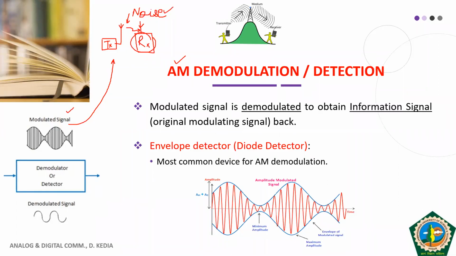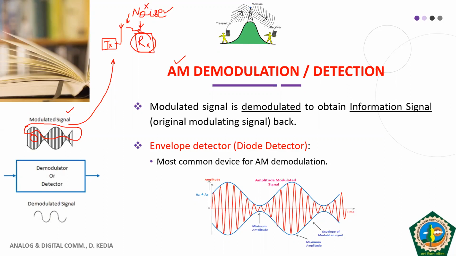Now, what is the job of the receiver? The job of the receiver is much more difficult as compared to the transmitter. The job of the receiver is to remove noise. It is also to remove the carrier, so that whatever information is present in that modulated signal, we can retrieve back. Right now we are not taking the noise part into consideration.